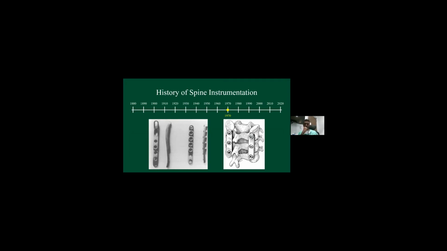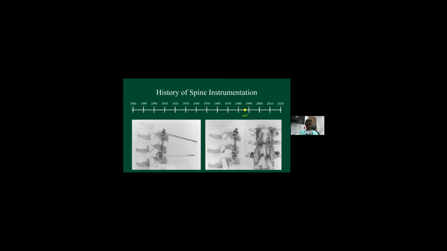In the lumbar spine, he found that the average interpedicular distance was about 2.6 centimeters. So he placed these holes at 1.3 centimeters apart to allow placement of screws both through the pedicle and the facet.